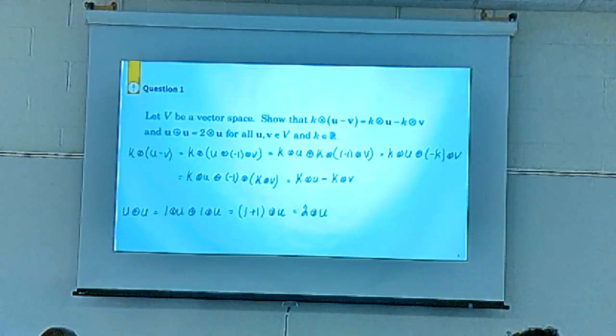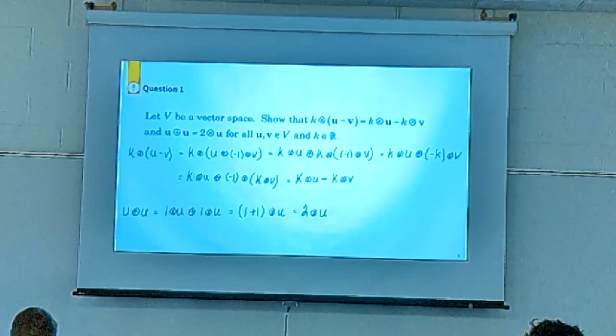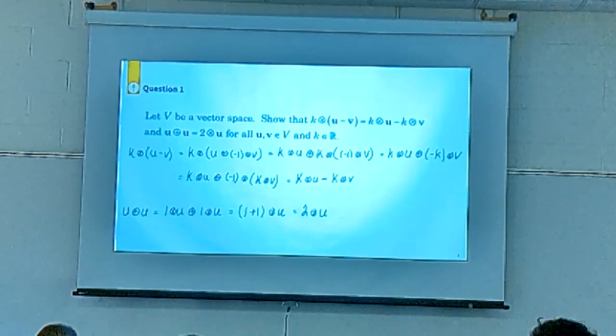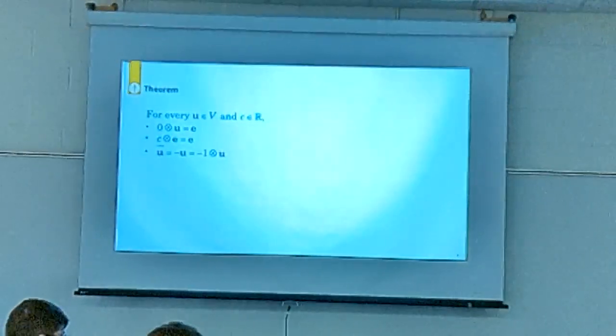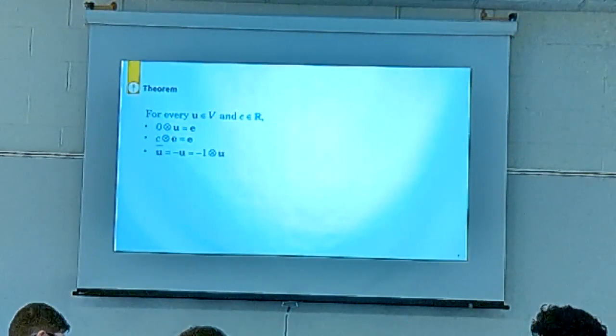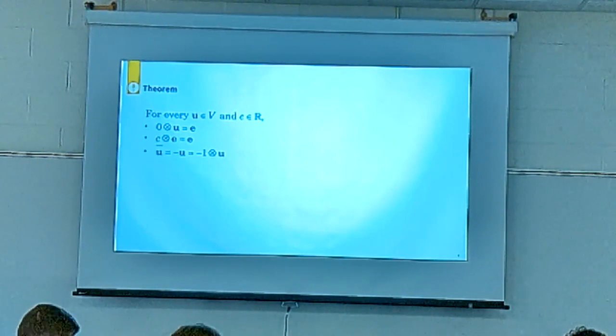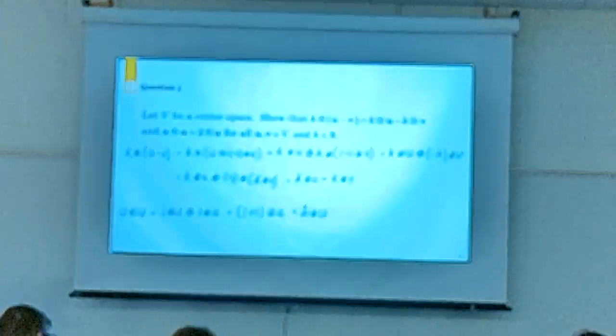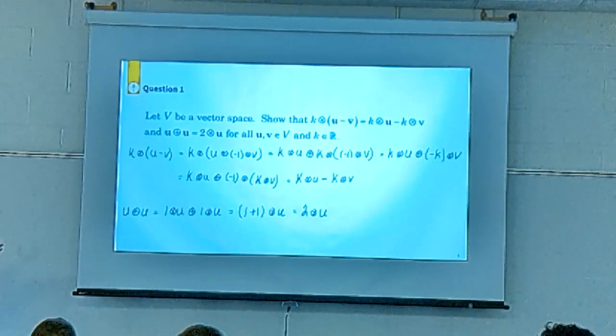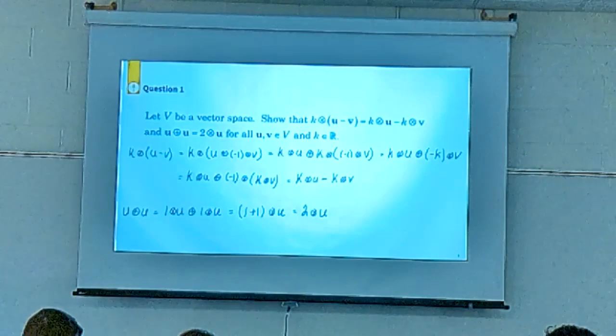I know this isn't required, but are there other ways to get there using different axioms for the first one? No. For instance, in this first step, I used one of these properties. So you can use either the axioms or any of the proven properties already. For the u plus u we just did, there weren't any other proven properties we could use, because there's really nothing else that would be helpful for that.